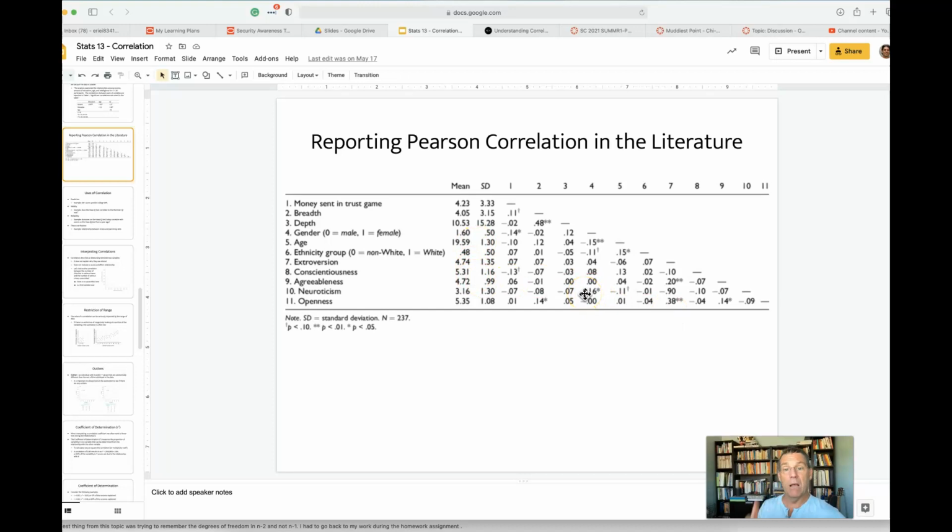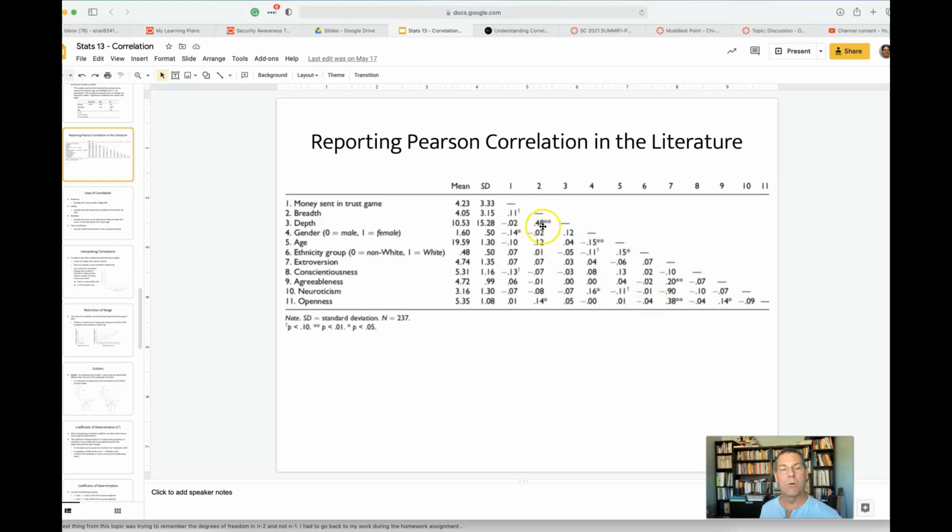So if some researcher, or somebody in this field, is looking at this, they're going to look at where are the significant correlations, because those are the ones that are unlikely to be happening by chance. So they're probably real correlations at the population level, probably. And then they're going to look at the numbers. So those ones with the double asterisks are pretty significant. And then you can just look at the size of them.